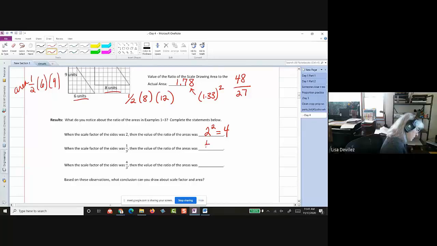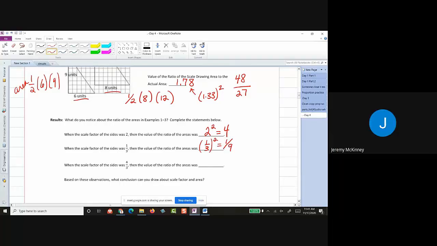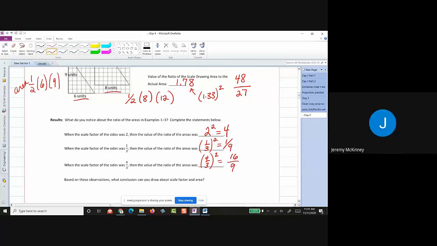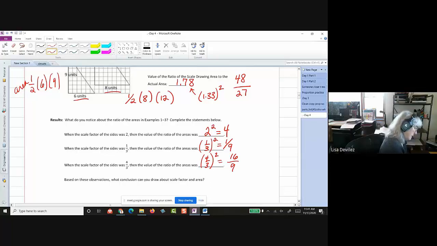And when the value was 1/3, then the ratio of the areas was 1/3 squared, or 1/9. And when it was 4/3, if I square that, what do I get? 16 over 9.